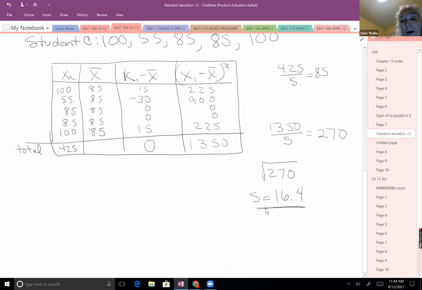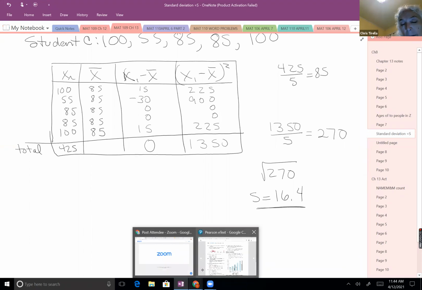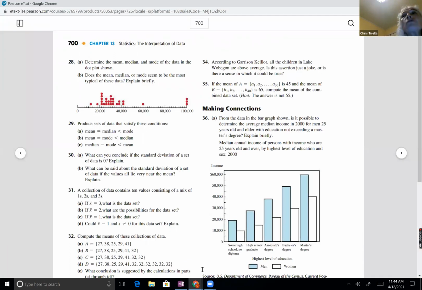Well, if that square root was 0, doesn't that mean that this number would have had to have been 0? And for this number to be 0, wouldn't that mean that this number is 0? And if this number is 0, doesn't that mean that all of these, well, for non-negative numbers to add up to 0, wouldn't they all have to be 0? If the standard deviation was 0, wouldn't it mean that all of the numbers would have to be the same? Does that make sense? The only way that it could add up to 0 is if all of my data values were the same and they'd be the same as the mean.